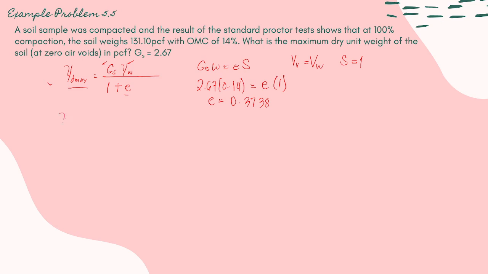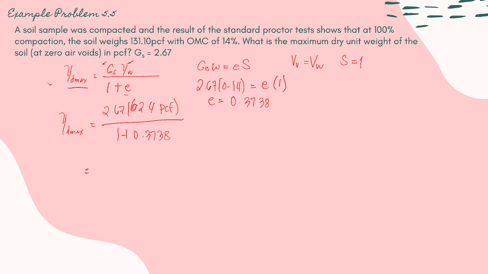Now we can calculate the maximum dry unit weight. This is equal to 2.67 times, since we are in terms of pounds per cubic foot, 62.4 pounds per cubic foot, over 1 plus 0.3738.